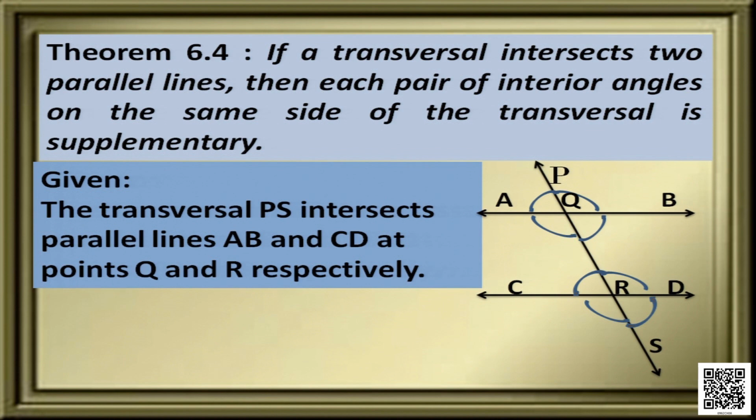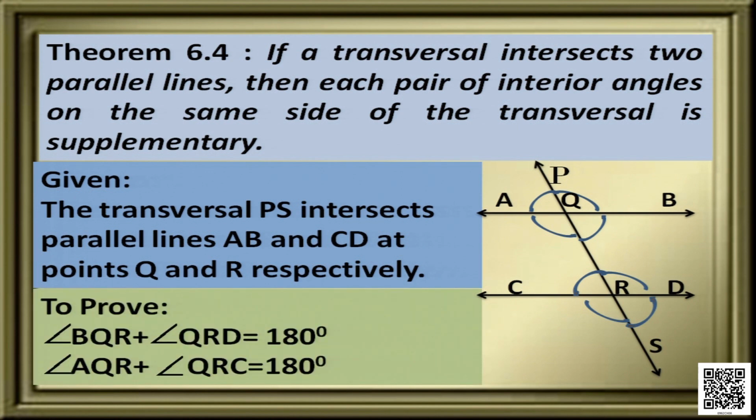So, the transversal PS intersects parallel lines AB and CD at Q and R respectively. Then what to prove? That angle BQR plus angle QRD is equal to 180 degree, because these two angles are co-interior angles or interior angles on the same side of the transversal.